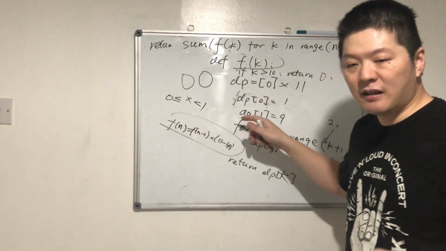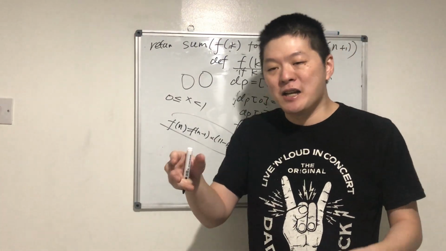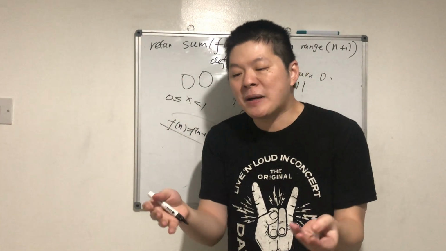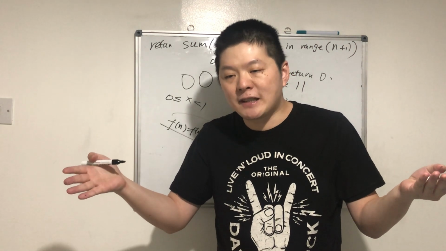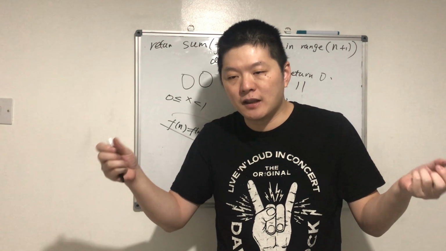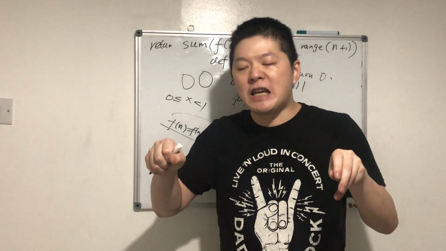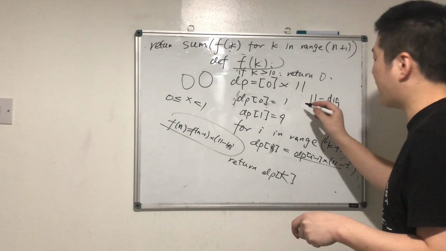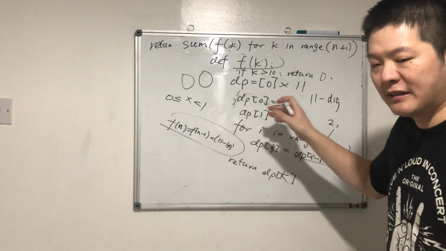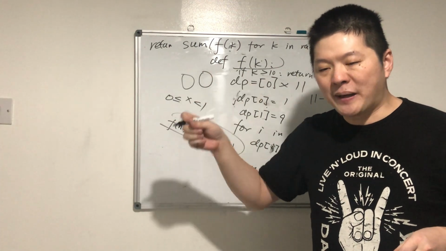Because look, unique. How many digits in decimal? 10 digits. If a number is 11 digits, does it have a duplicate digit?